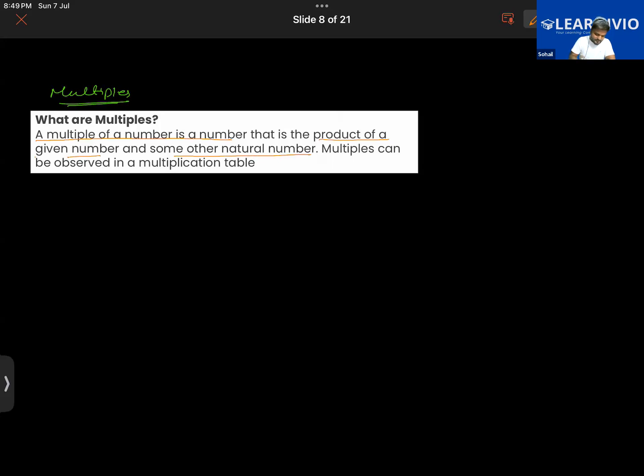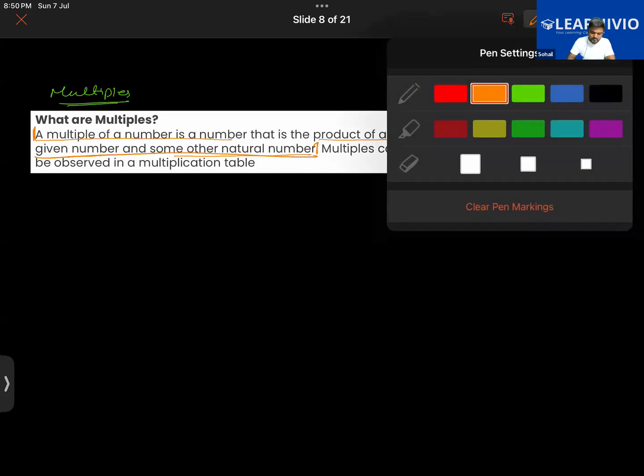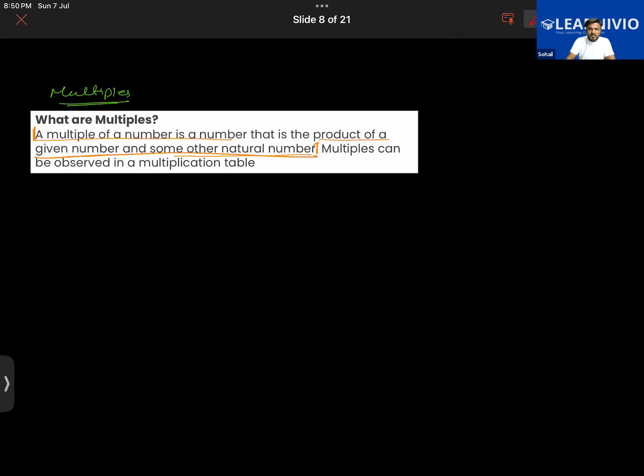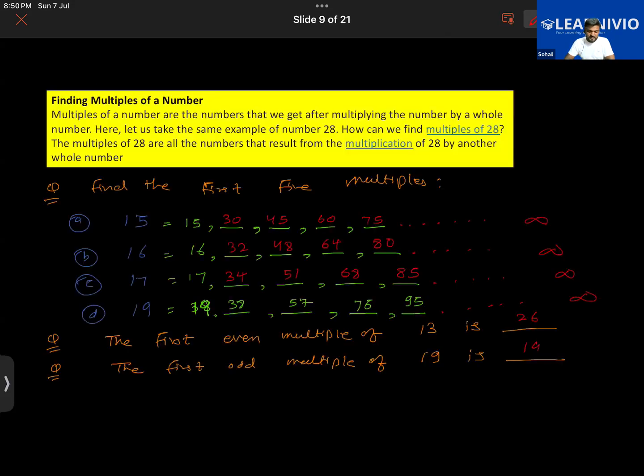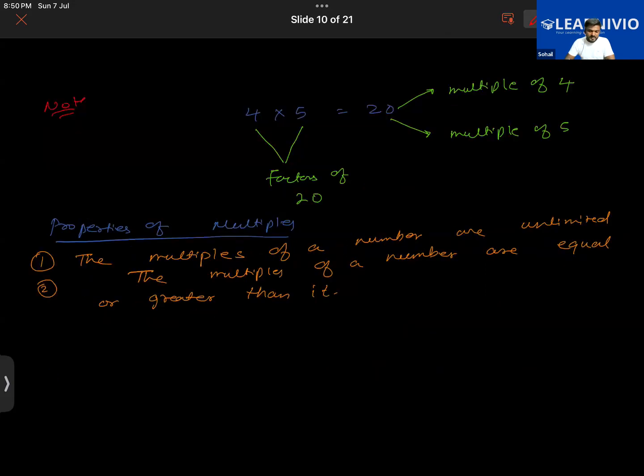This much only. Sir, can I first write properties of multiples? No, it would be better if you first write the definition of multiples. Okay, you have already written the heading of properties, okay, then write it.